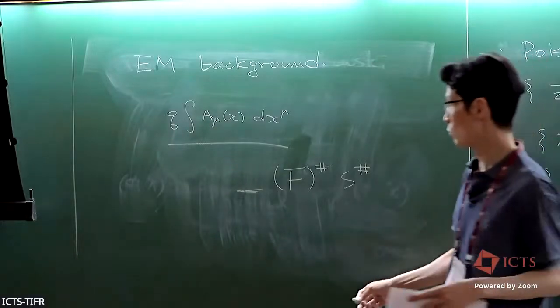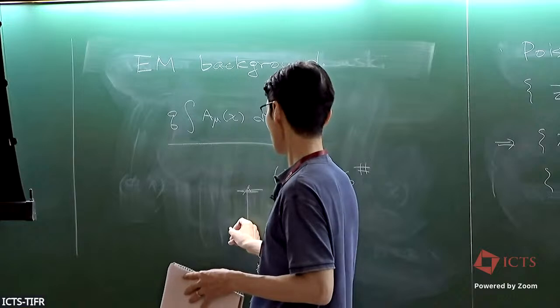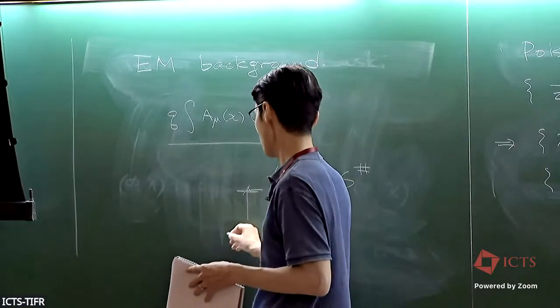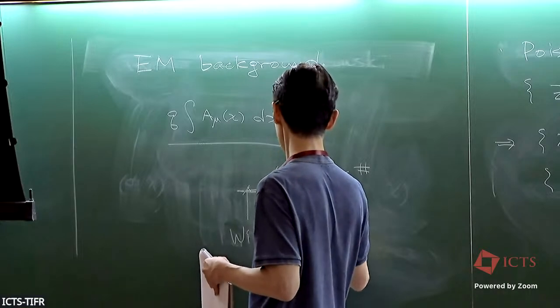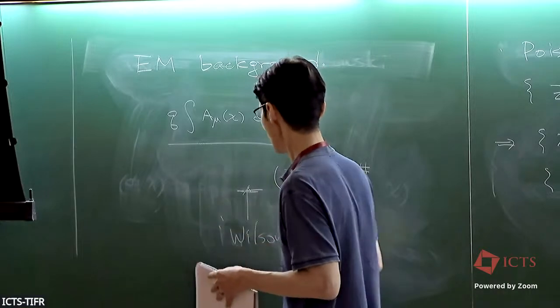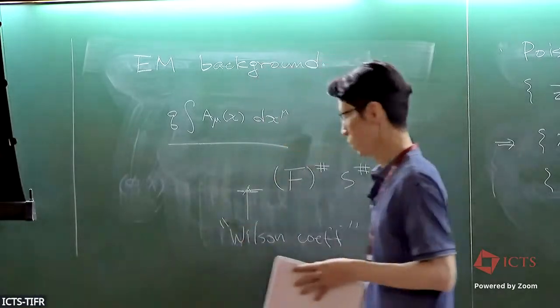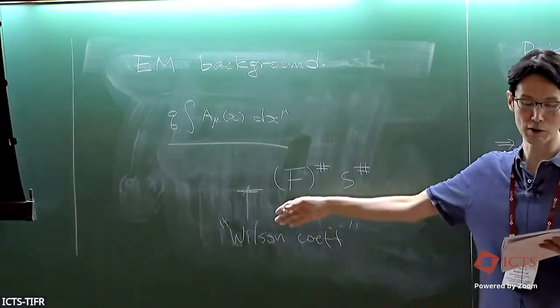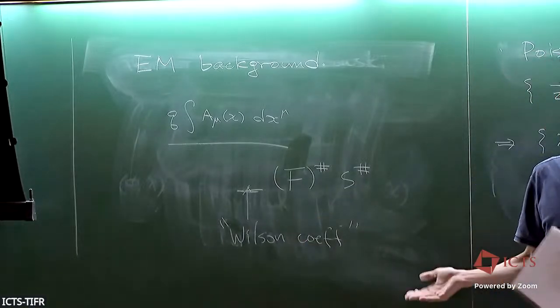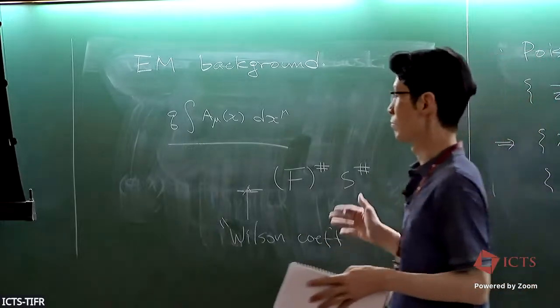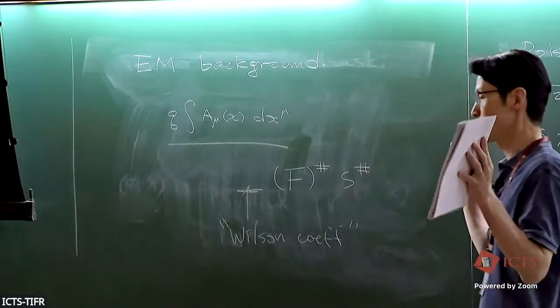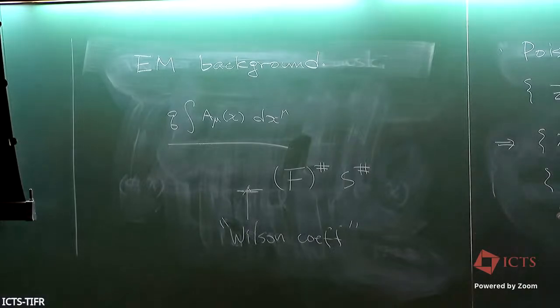So we usually call these unknown coefficients the Wilson coefficients. And you can try to fix some of these Wilson coefficients either by comparing with the experiments, or by imposing some extra theoretical consideration into your model.